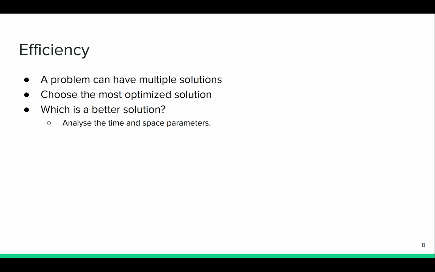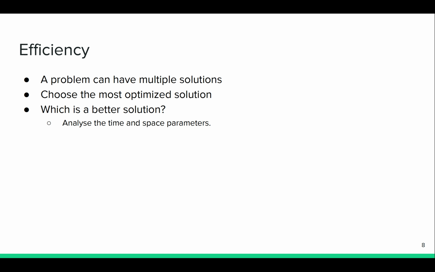So given any kind of problem, there may be multiple solutions. All are solutions which are leading to the actual destination, but choosing the better ones is what we are looking for. So choosing the most optimized solution out of all the available solutions is the goal of this course.